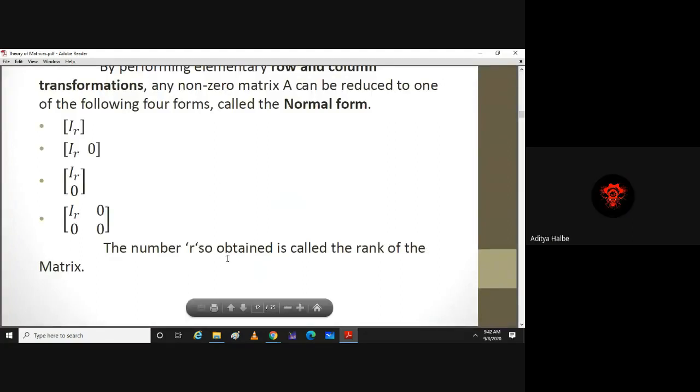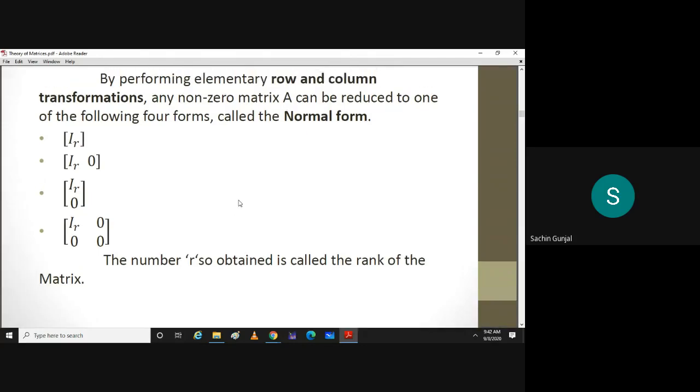Wait one minute for writing this? Yes, sure. Normal form of a matrix: you perform row as well as column operations to get one of the following forms. Sometimes you will get simply IR, then IR with a block zero matrix, then IR with 0 at the bottom, and then IR 0 0 0.